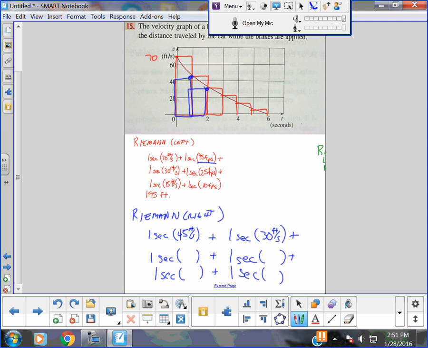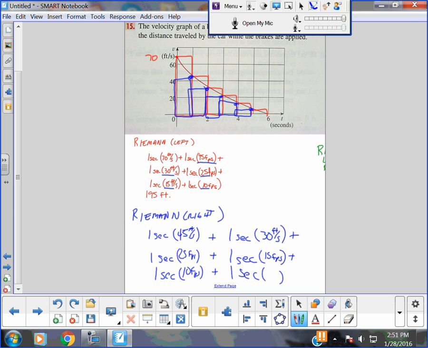And this is coming from the previous problem. And then the next one's going to be here, here, here. And we're using those points. So whatever points we used in the previous problem, we're going to have to use again. 25 feet per second, 15 feet per second, and 10 feet per second.